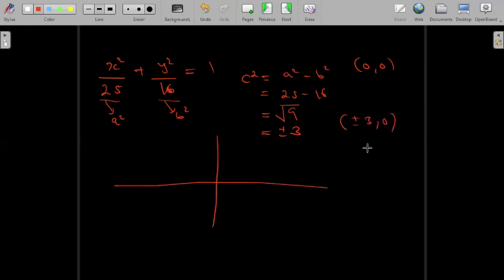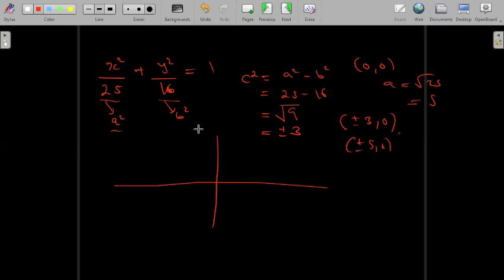Then my major axis is a here. Your a squared means your a is going to be the root of 25, and that will give you 5. So you get plus minus 5 there. This is in your major axis.